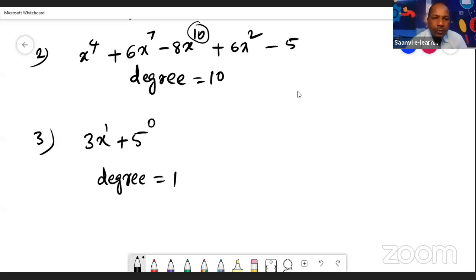Remember that if there is no power for the given variable, the power is 1. If a constant number is given, that power is 0. Comparing these two powers, the highest power is 1, so the degree of this expression is 1.